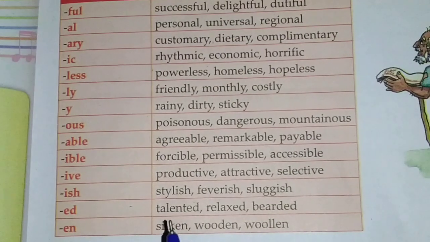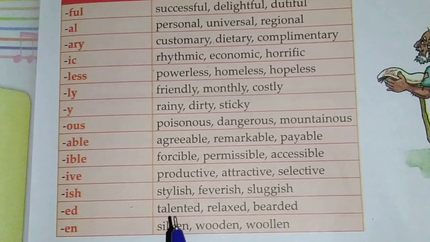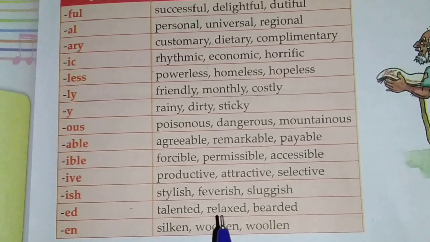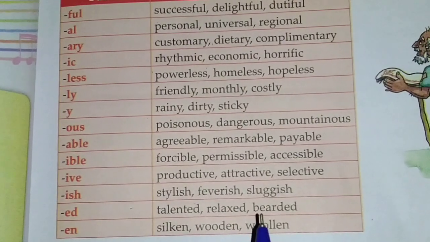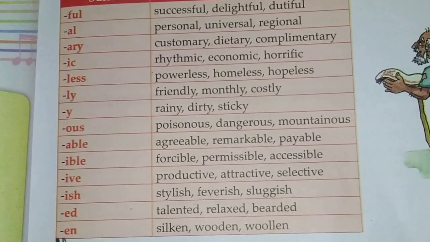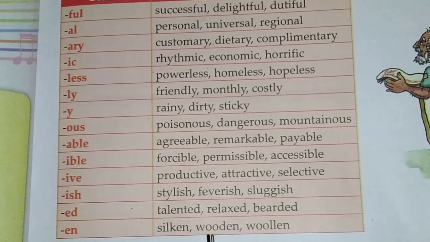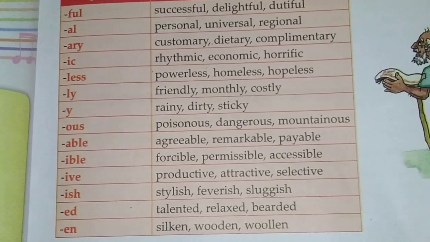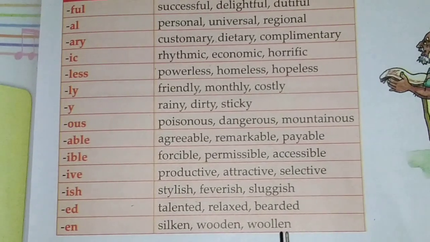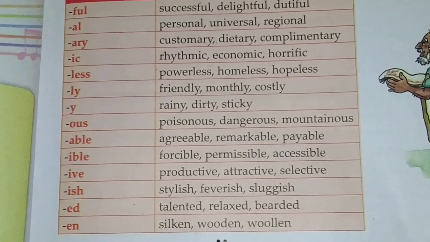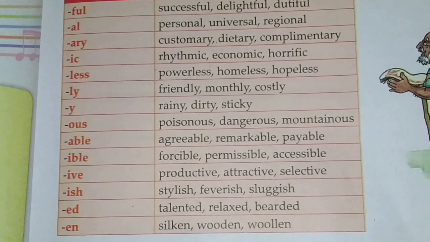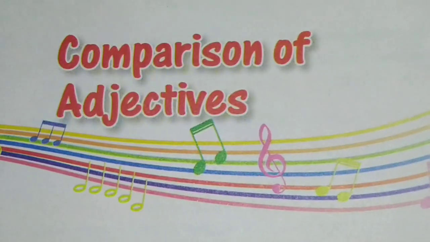For example, the word talent becomes talented, relax becomes relaxed, beard becomes bearded. By adding EN, the word silk becomes silken, wood becomes wooden, wool becomes woolen. So these are some examples how we form adjectives by adding suitable suffixes.